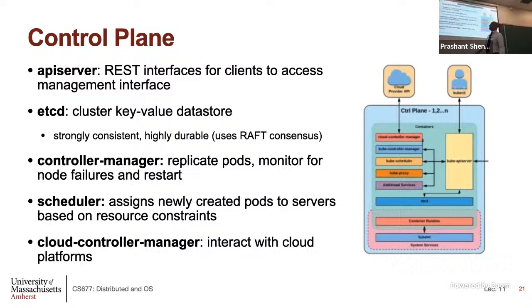From our perspective, only 2 or 3 are important. The scheduler decides where your applications run. The controller, once the application is running, if there are failures, restarts that pod somewhere else. So it's actually giving you some nice services. And etcd is storing the state of your cluster on disk in a database. It's a key value database, but still a database. So these are the components of Kubernetes.